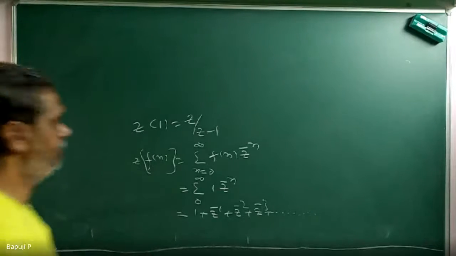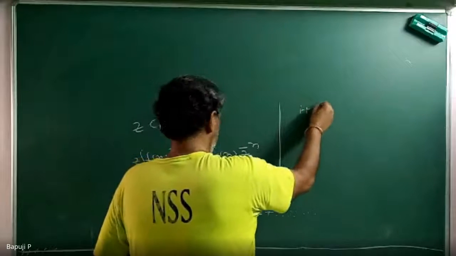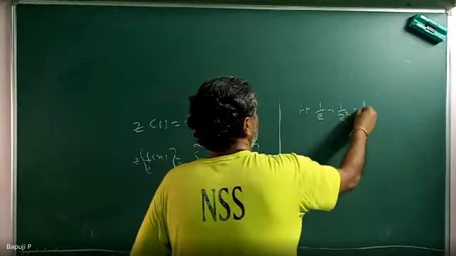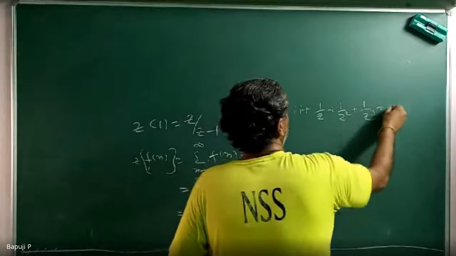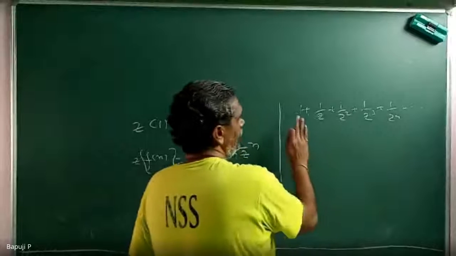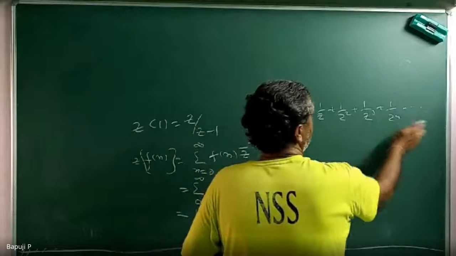Then this formula is what actually? 1 plus 1 by z, 1 by z square, 1 by z cube, 1 by z power 4, up to infinity. So this is how it appears: 1 plus x plus x square plus x cube plus x power 4.